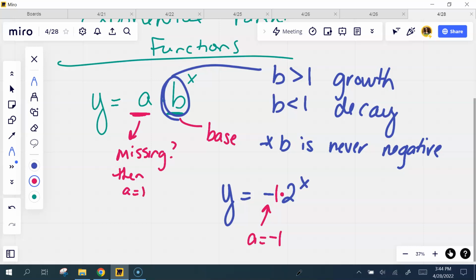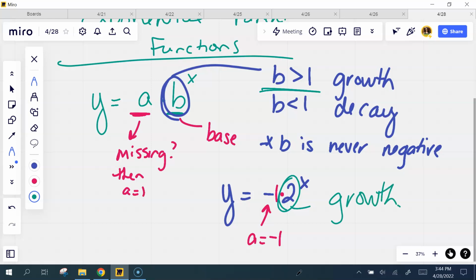It's like a negative 1 multiplied, because B is never going to be negative, excuse me. Now, this value, that's my base, right? That's definitely bigger than 1. So this would be a growth.